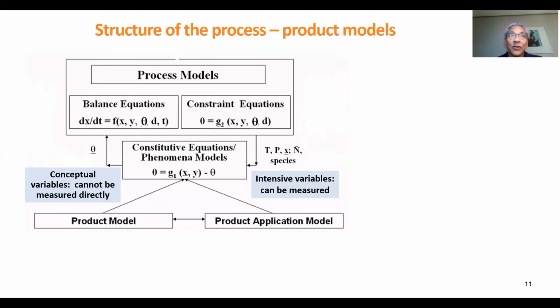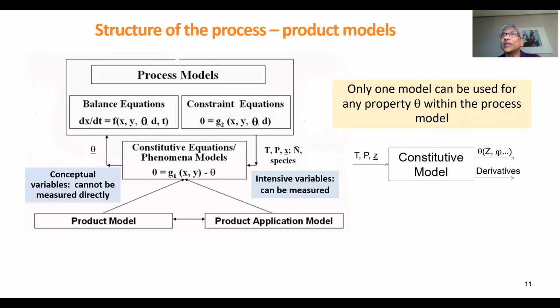On the other hand, if we want to know whether a drug works on the body or not, that does not involve a process like extractive distillation, but it involves solubility and diffusivity and so on. So there are different ways to look at the product model and its application.